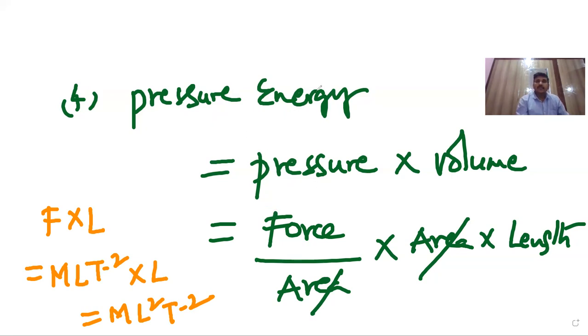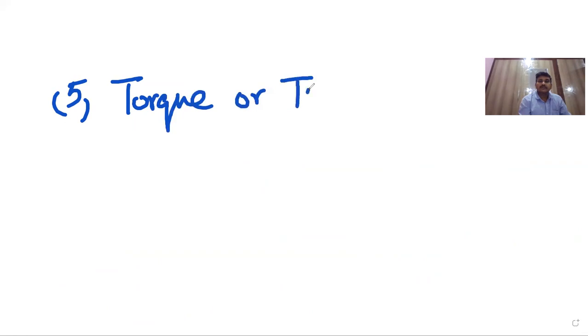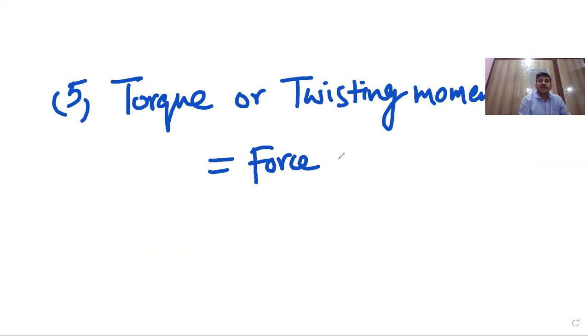Okay. So the fifth parameter is torque, also known as twisting moment. It is simply defined as force into perpendicular distance.